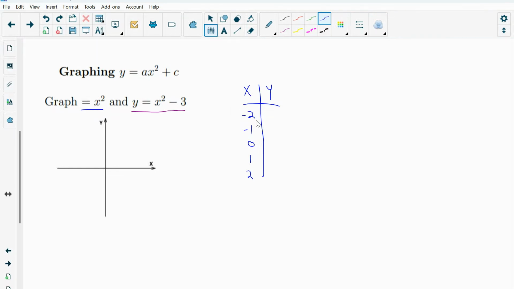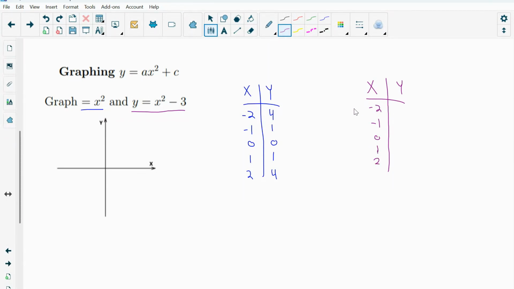Now I'm going to substitute those values in. So negative 2 squared is 4, 1 squared is 1, 0 squared is 0, 1, and 4. And now for my other line, I'm going to use the same x values so we can see the difference when graphing with a c value: negative 2, negative 1, 0, 1, and 2.